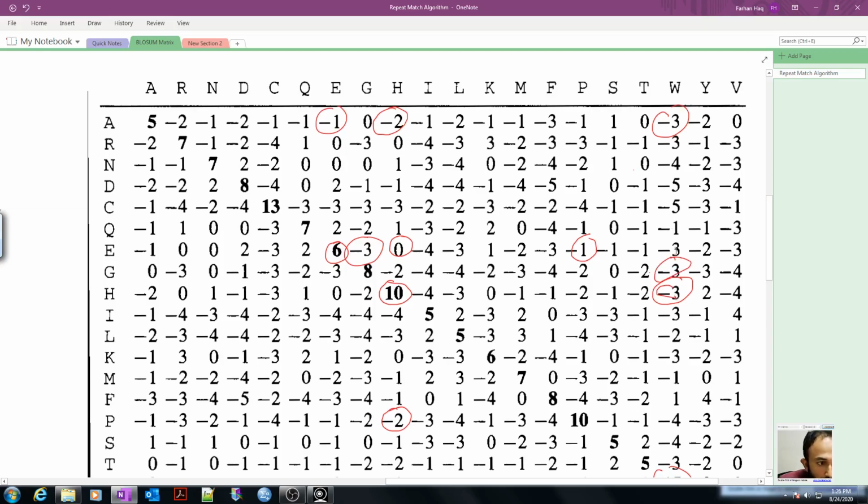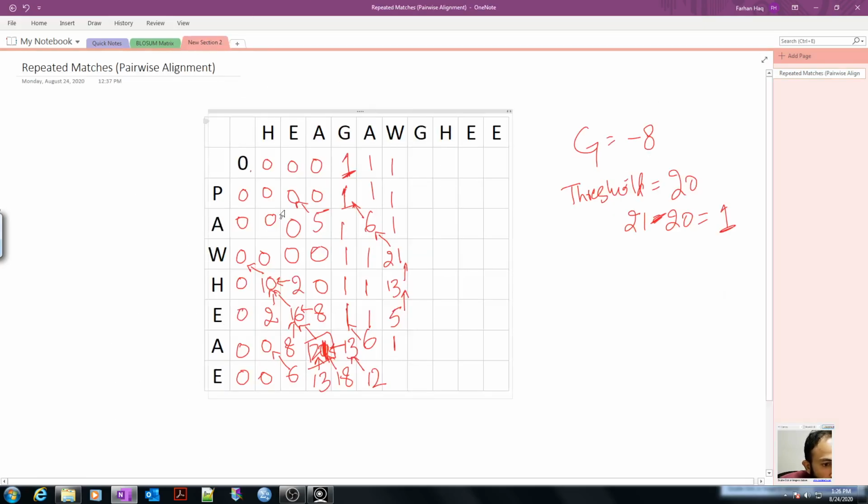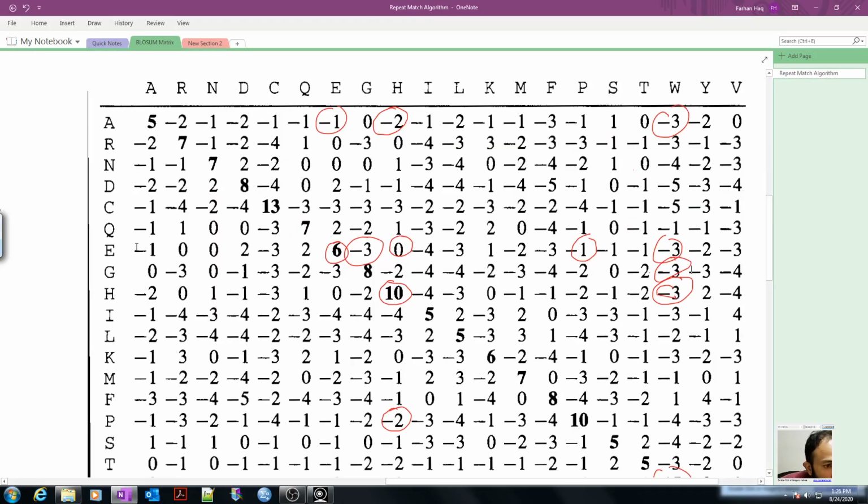Yeah, minus 3, this one. So now we will add here 6 minus 3, that is 3, right? So if we check again E and W, that is minus 3, right?